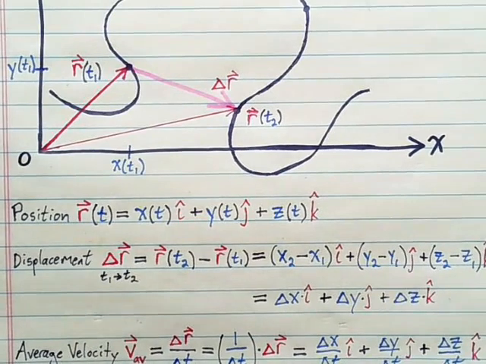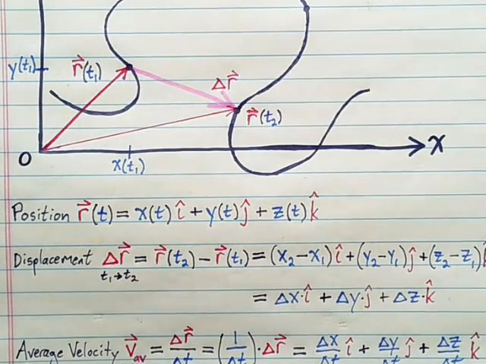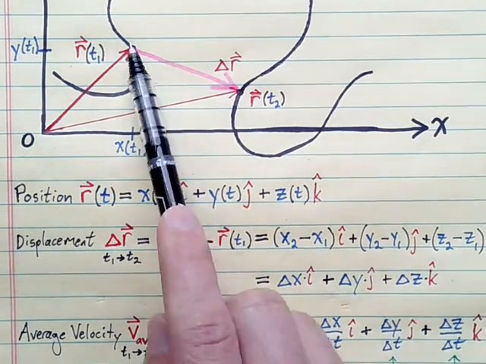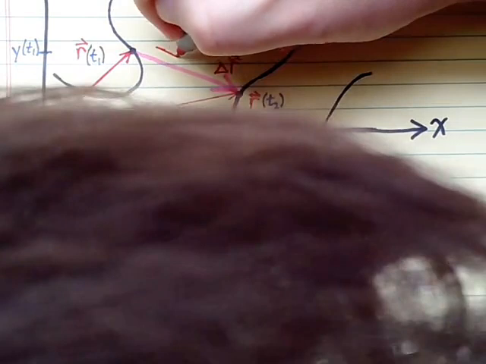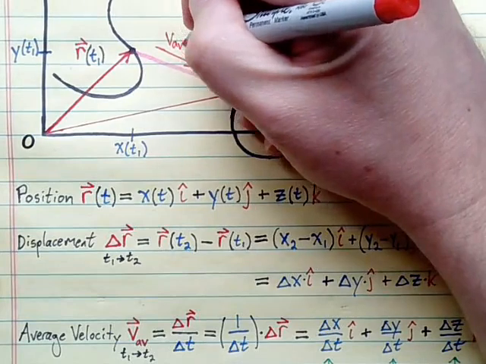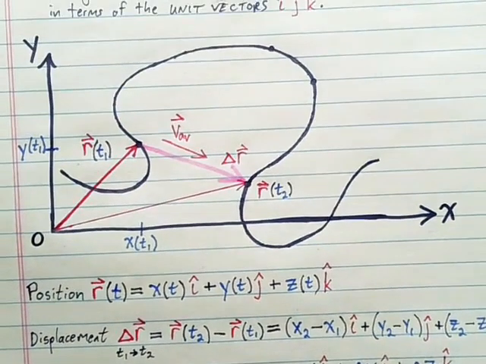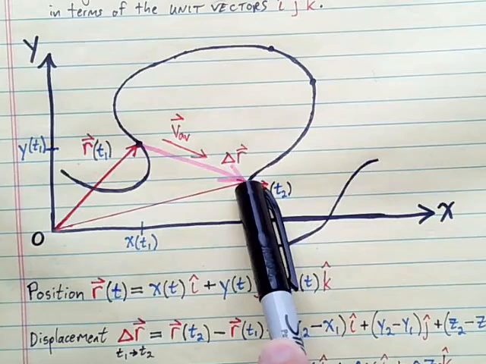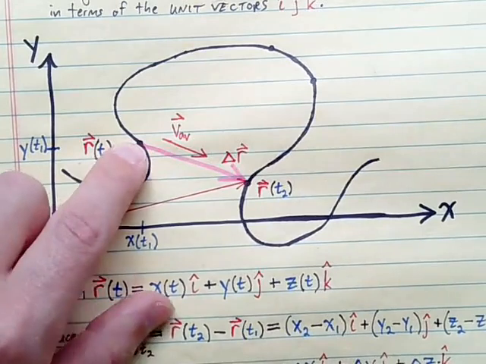That tells us that our average velocity between time 1 and time 2 is a vector pointing in the same direction as our displacement vector from time 1 to time 2. So our average velocity vector is parallel to that delta r. So there is our v average during that time interval. So no matter what you did between this time and this time, your average velocity during that whole time is a vector pointing from where you started towards where you ended.